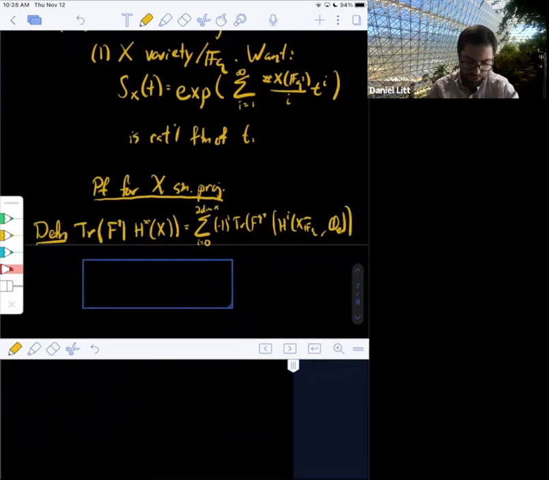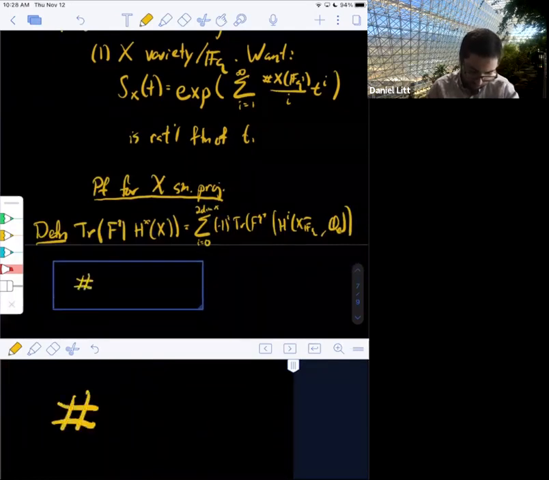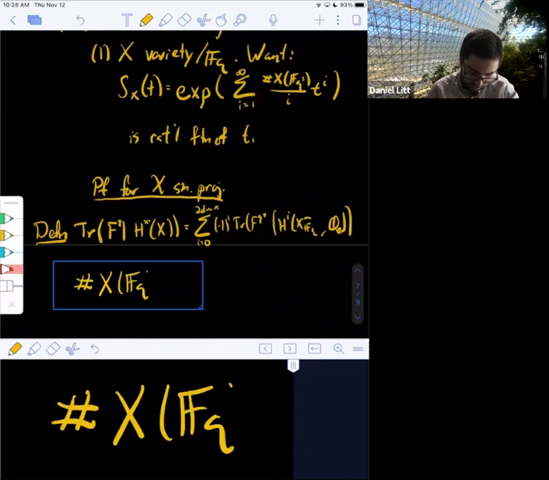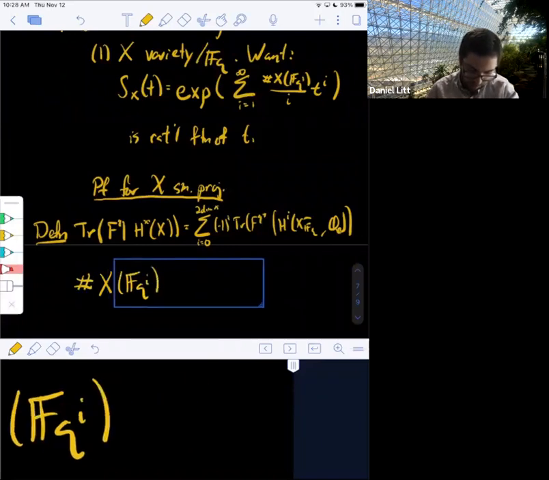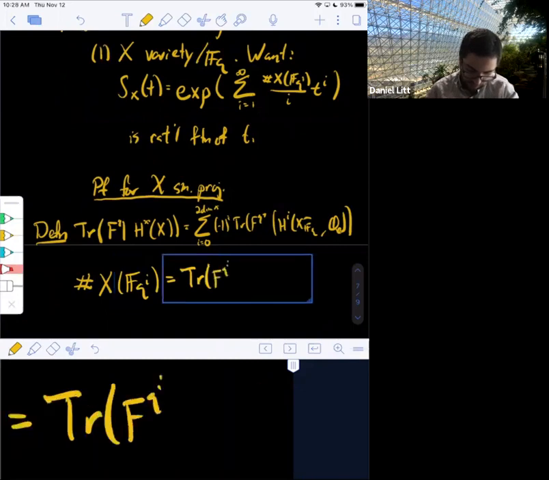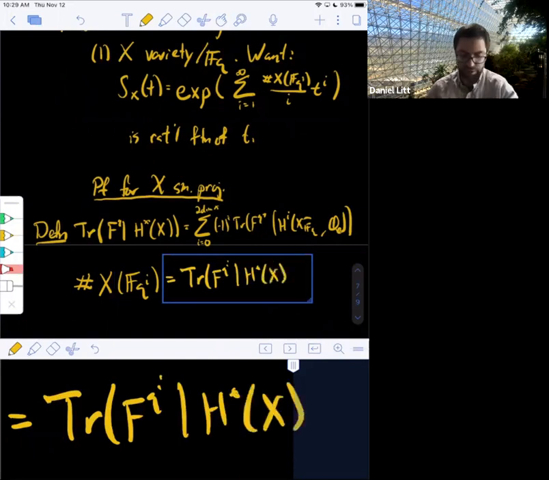Okay, so what we know is that the number of rational points of X over FQ to the i is the trace of what I would call FQ to the i acting on H star X. So this is the definition I just made.